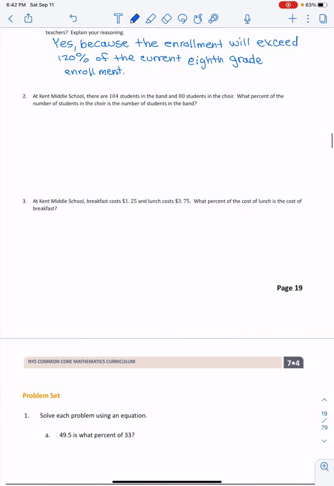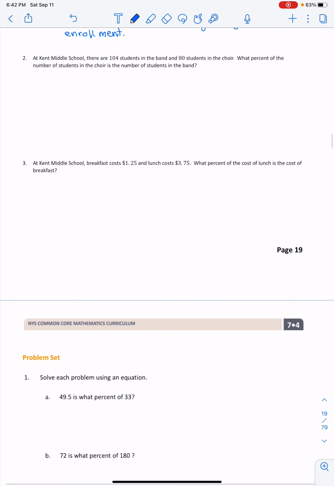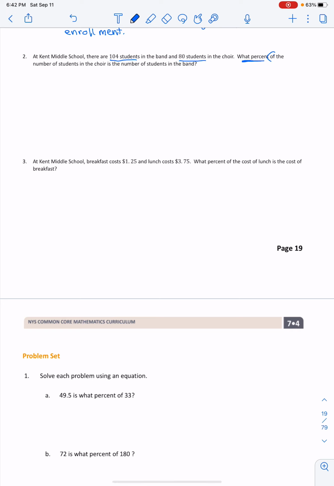Now, number 2 says at Kent Middle School, there are 104 students in the band and 80 students in the choir. What percent of the number of students in the choir, remember, of the students in the choir, is the number of students in the band?